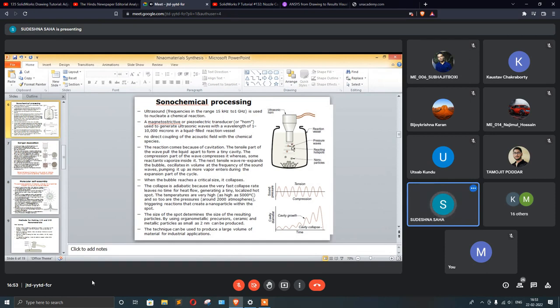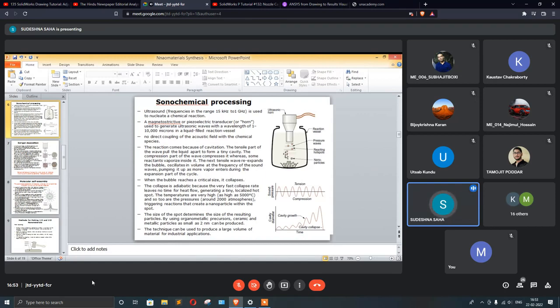These hot spots become the reaction zones for nucleation to occur in this sonochemical process, and that's how you create the nanomaterial. And these reaction spots are so small that you can create nanoparticles as small as 2 nanometers with this kind of technique.